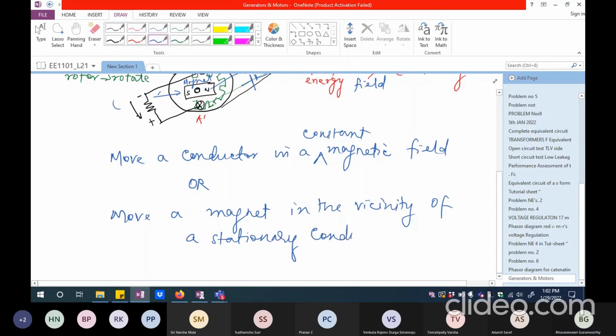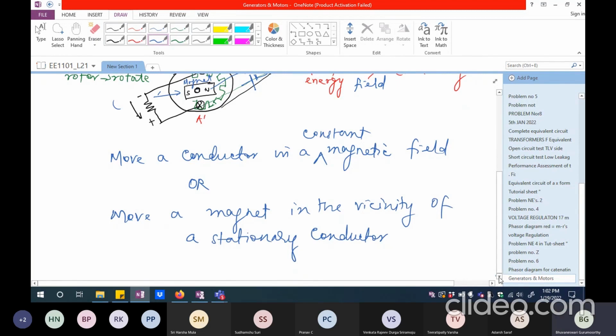Either way is fine. The moment we do this and we provide a closed path for the conductor to carry current, it is going to induce an EMF in the conductor, and the conductor is going to pass current through this resistance or any other load that is connected. So this is the basic principle of operation of a generator.